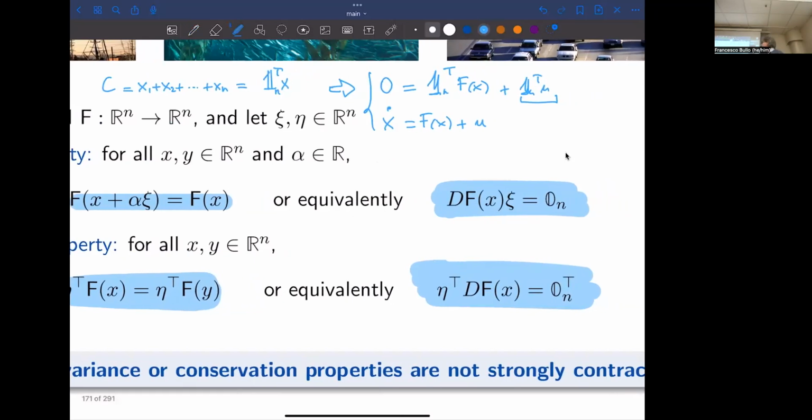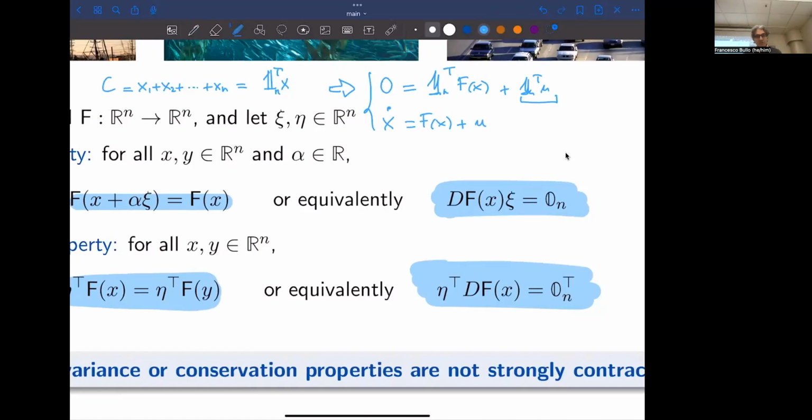What name would you give to these two equations here? These are directional derivatives, yes. Let me give you a hint. I know it's hard to guess what I'm thinking. df, the Jacobian, is a matrix. And I have a matrix times a vector equal to 0.